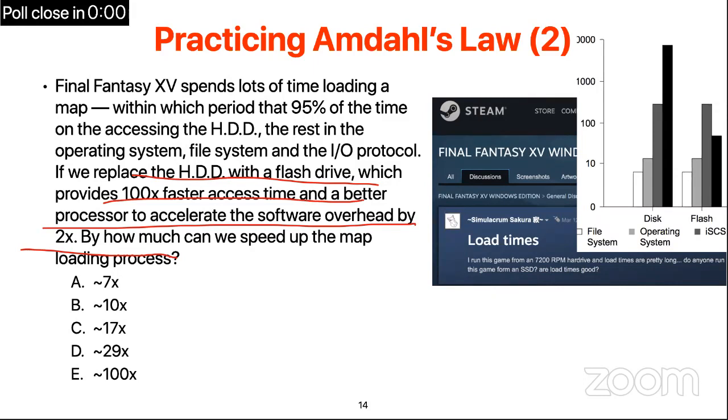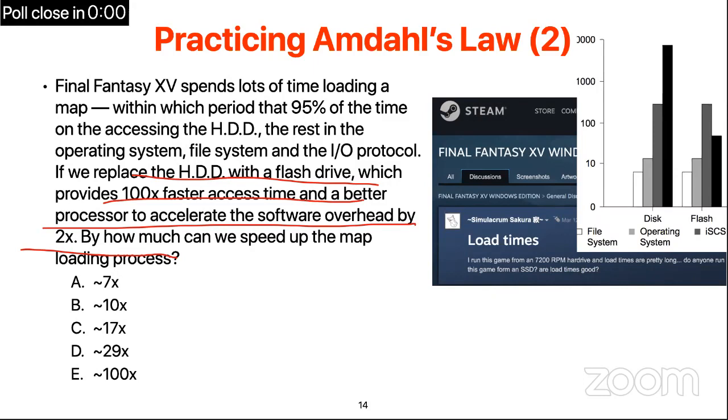Okay, so I have Danling. How did you solve this? I remember from last lecture we had a similar problem, but we didn't have the overhead being 2 times faster, I think, that part. So from the previous lecture, we just plug into the formula.